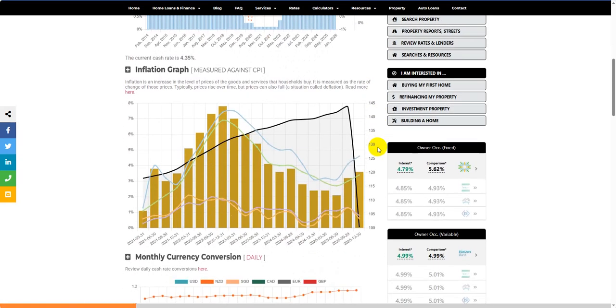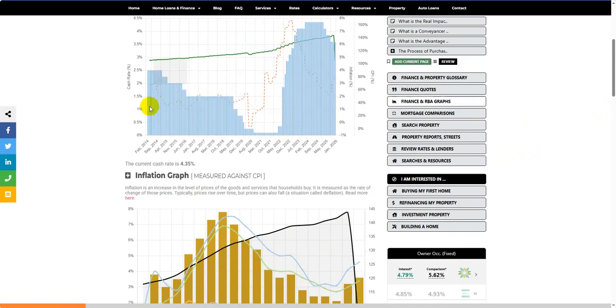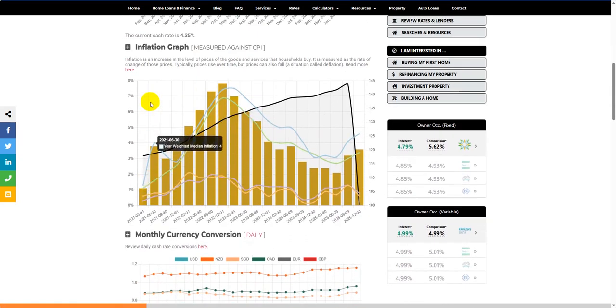Now, I've been talking for a couple of months about replacing the inflation graph, and I've done that here. I will include rate data on one version of this graph. Rate data is obviously really important with inflation because they compete. You want them to be reasonably steady with each other, around the 2% band.